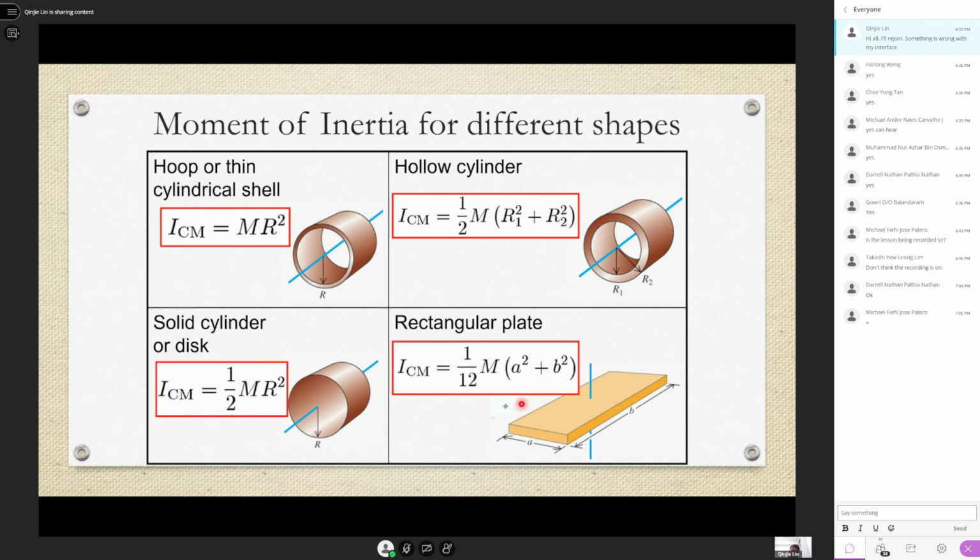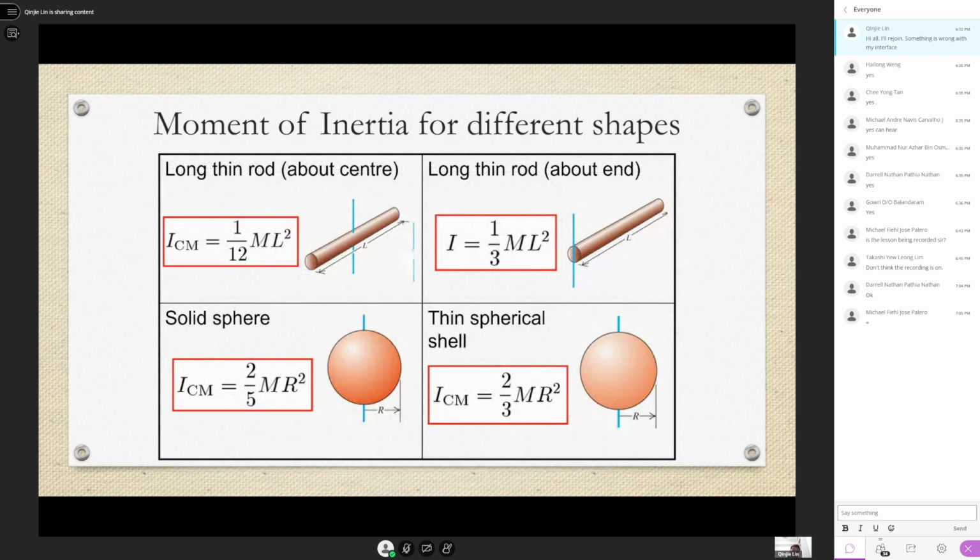The ICM for the rectangular plate is based on a long thin rod about center. Remember the rod rotating about center is 1/12. If you do it at the side, it's much higher at 1/3 ml square. And solid sphere we have gone through with 2/5 mr square.